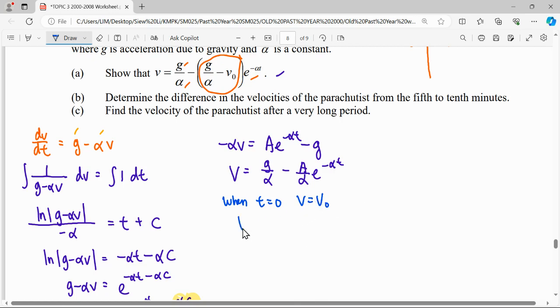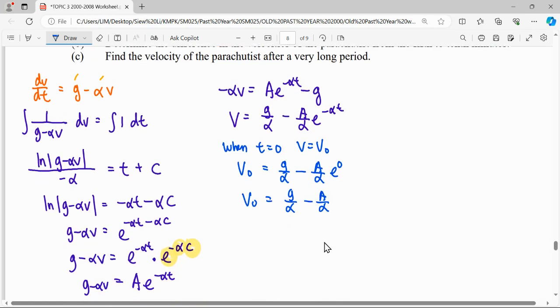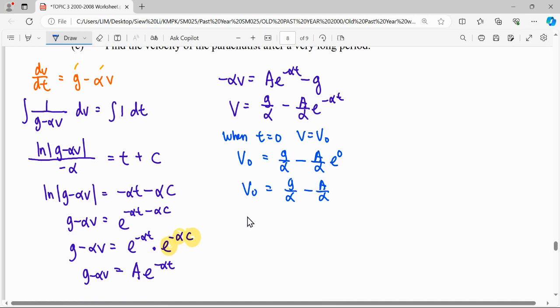So substitute v naught here. E to the power 0 equals 1. So we find what a is. We multiply back alpha to the v naught, so a will equal g minus alpha v naught.